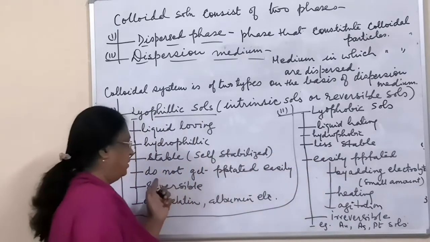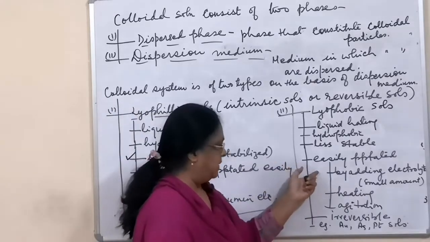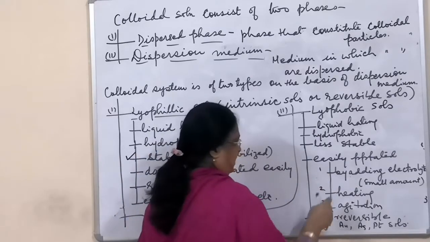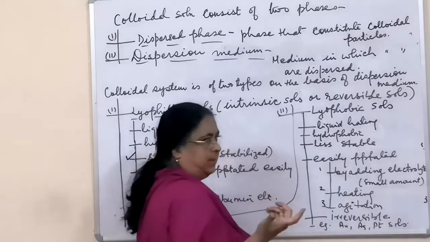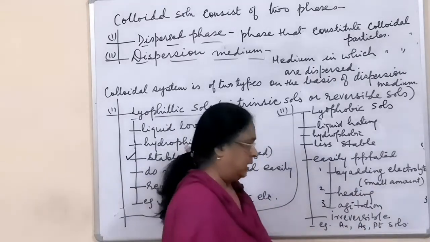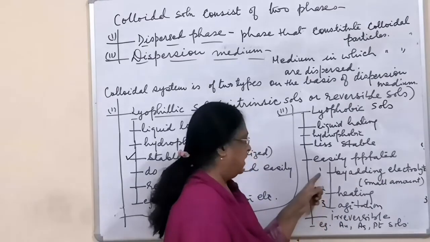These were not able to precipitate easily, but lyophobic sols can be easily precipitated by any one of three methods. Either you add some electrolyte, an ionic compound, in a little amount, or you heat it, or you agitate it, shake it vigorously. Then what will happen?